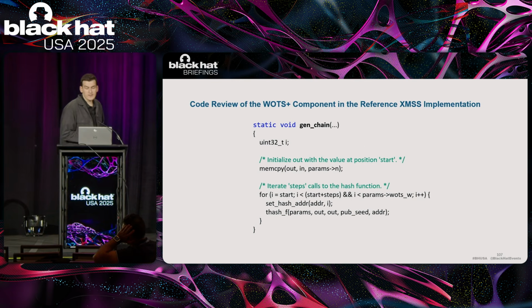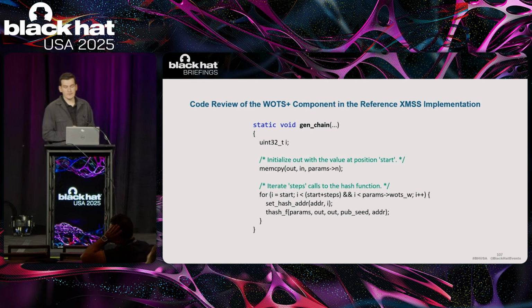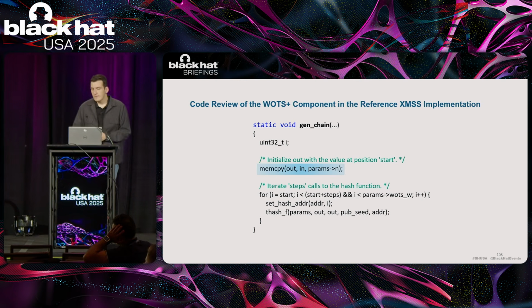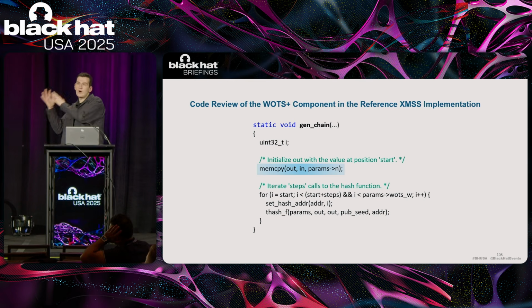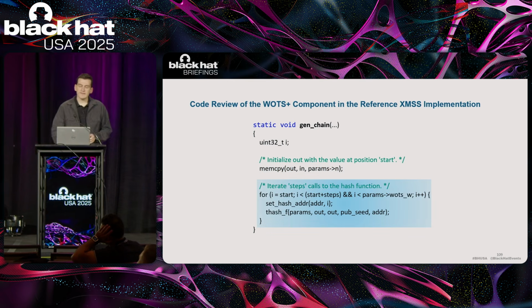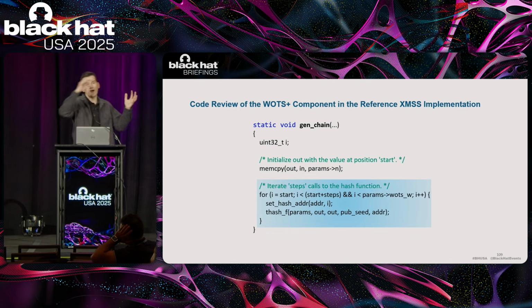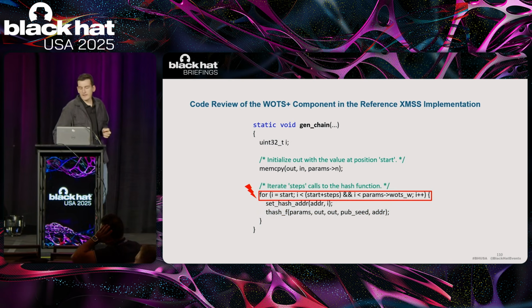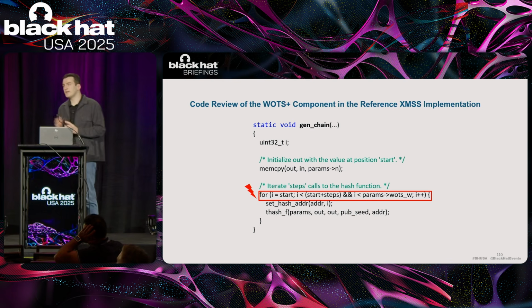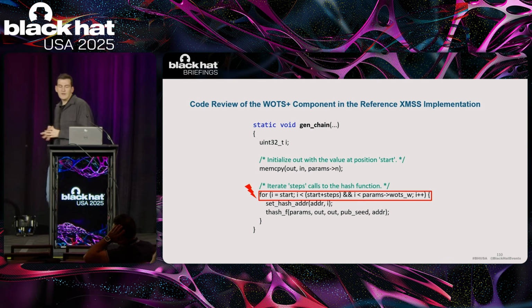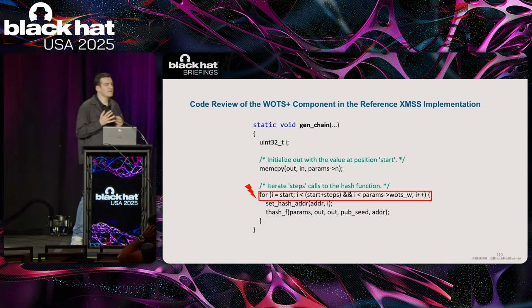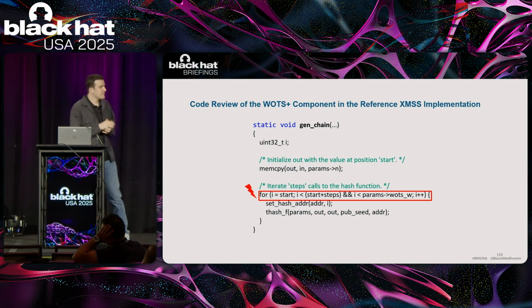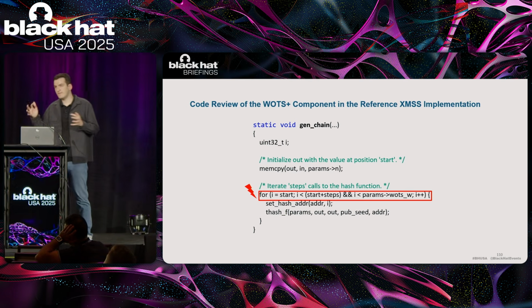Or we can also attack the generate chain function, which is easy to attack. Here, it first copies the input to the output, and then hashes this output with the hash chain. So what you can do here is attack the for loop with partial or full hash chain skip. For the partial hash chain skip, let's say this for loop is hashing your checksum chunk 5 times.